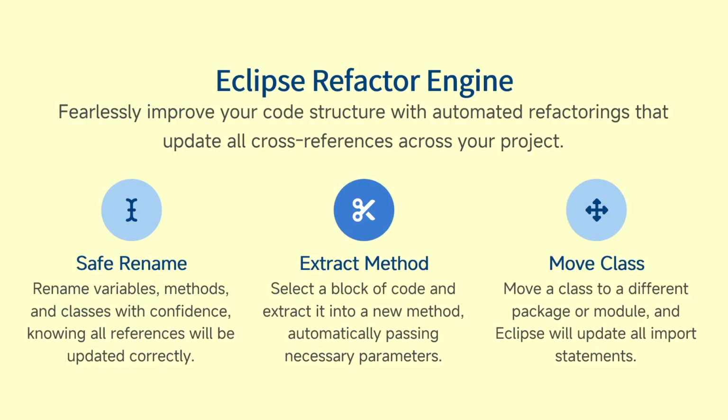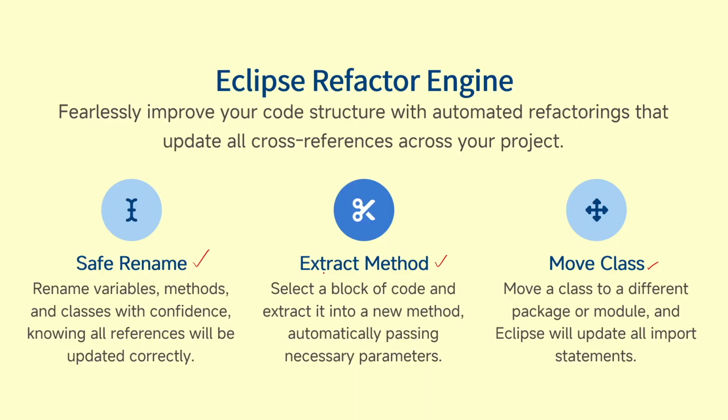And next is your Eclipse. This is widely used mainly in Java environments, and the main features include safe rename, extracting a method, and moving a class across packages. Refactoring we have learnt earlier.